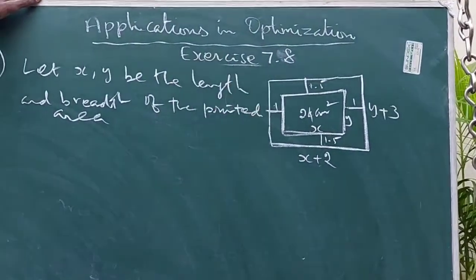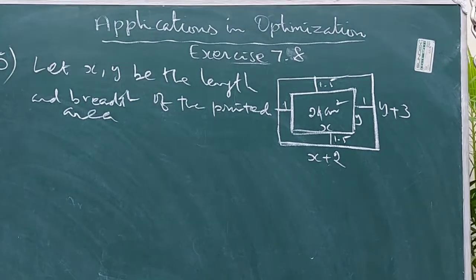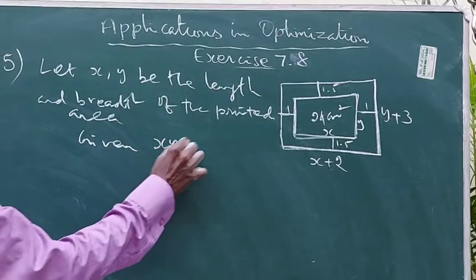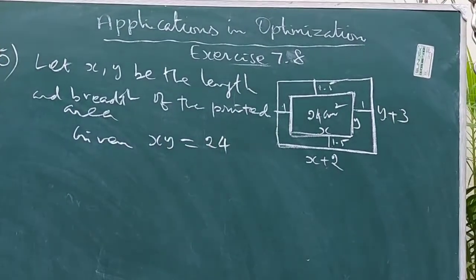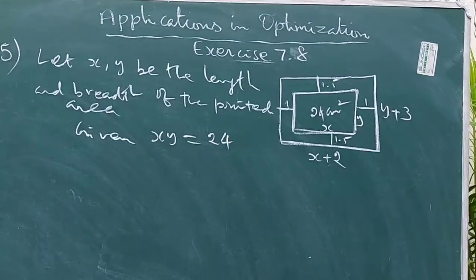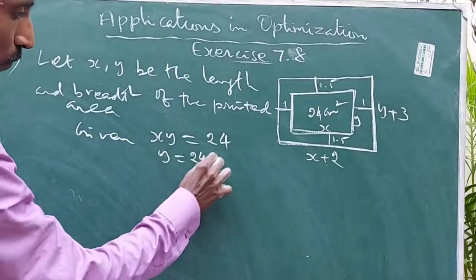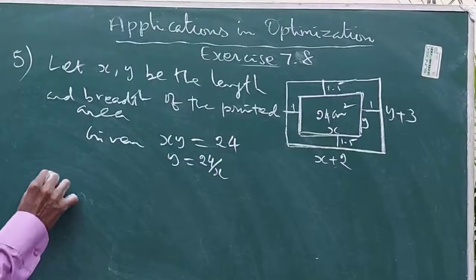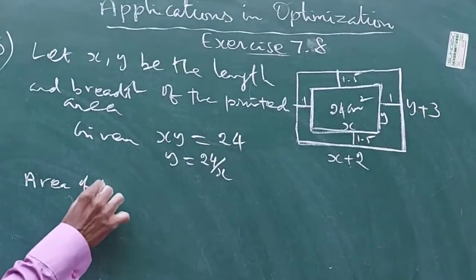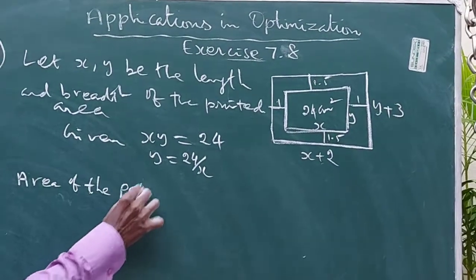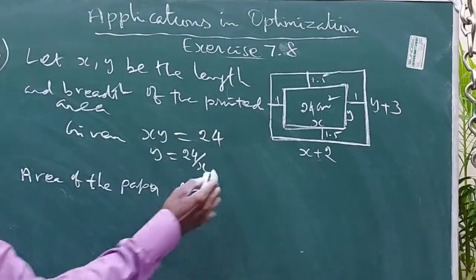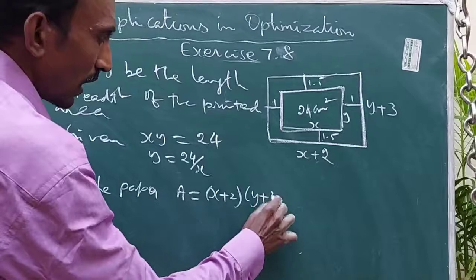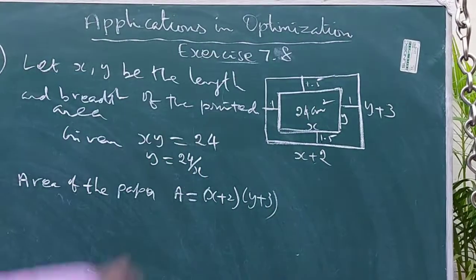So that area is to be minimized. As per the given information, x into y is 24 centimeters square, so y equals 24 by x. The area of the paper we can consider as A equals (x plus 2) into (y plus 3), the length and breadth of the outer rectangle.